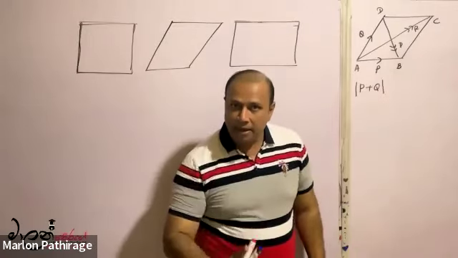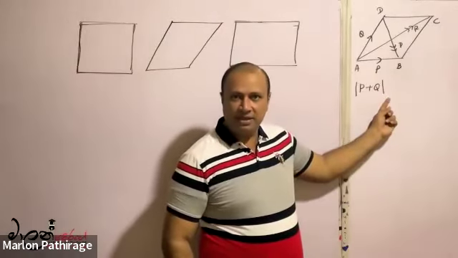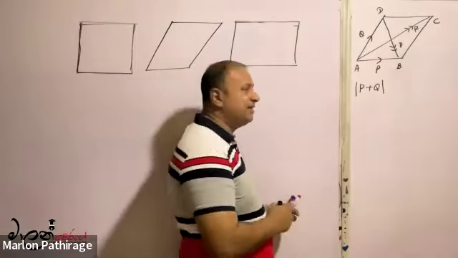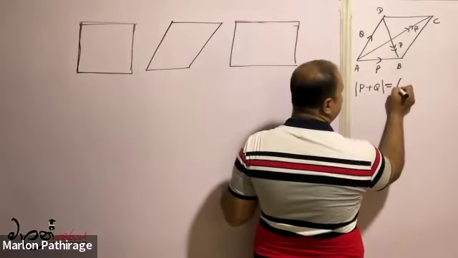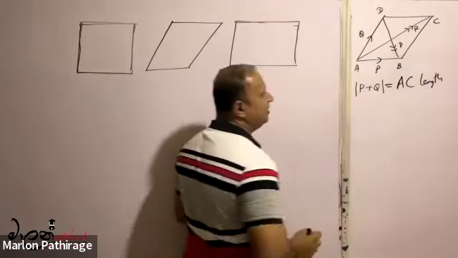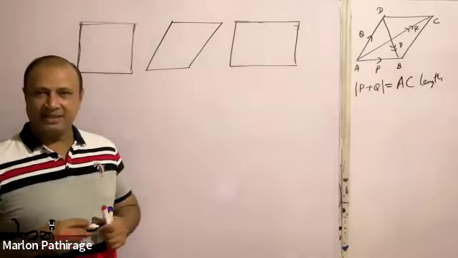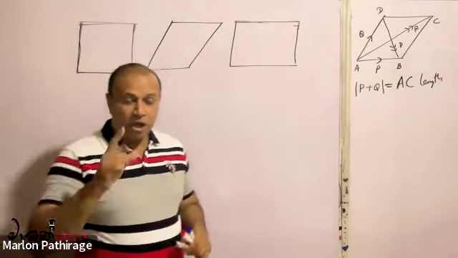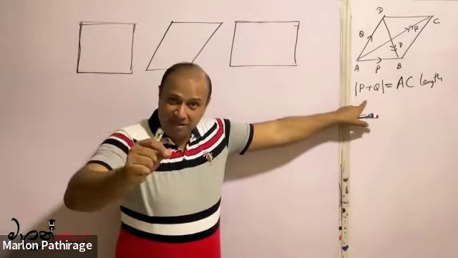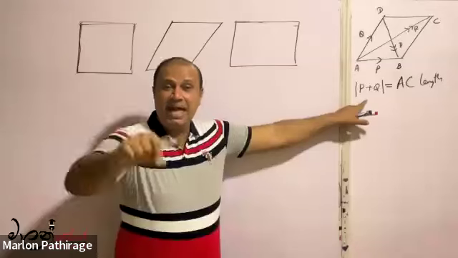Therefore, the magnitude of P plus Q is the AC length. So if you are given this kind of symbol, that means it is the AC diagonal.